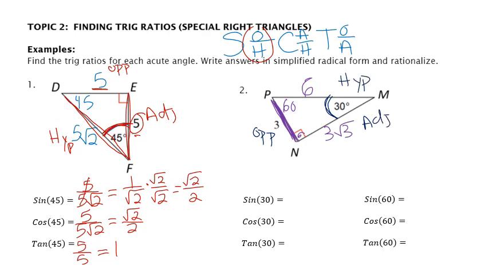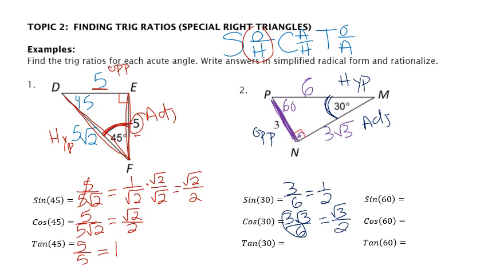And then I just go ahead and write this out. So my sine would be 3 over 6, which is 1/2. Cosine would be 3 radical 3 over 6, and then I can reduce and get root 3 over 2.